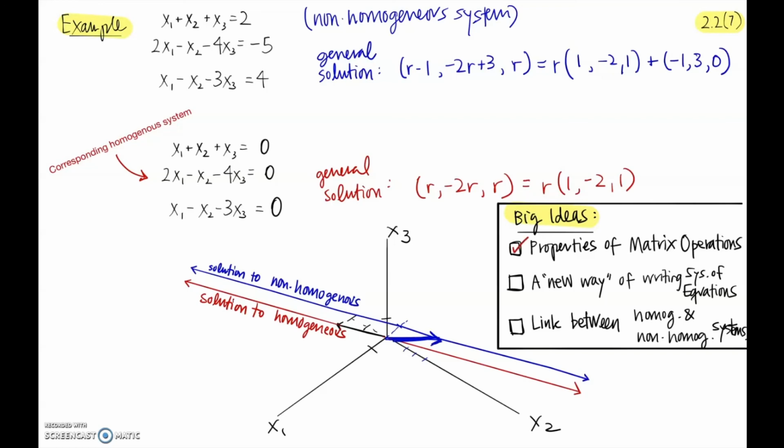That's a big one. And we looked at a new way of writing systems of equations using the algebra of matrices, AX equals B, where things were all matrices. And now just in these last few discussions and examples, we looked at the link between a non-homogeneous system and its corresponding homogeneous system, and what one can tell us about the other.